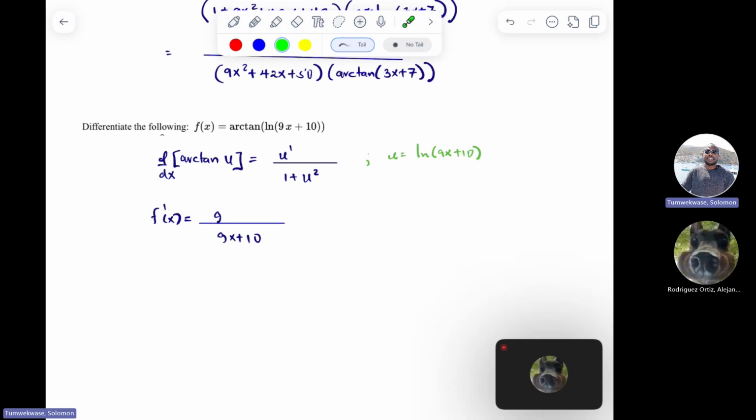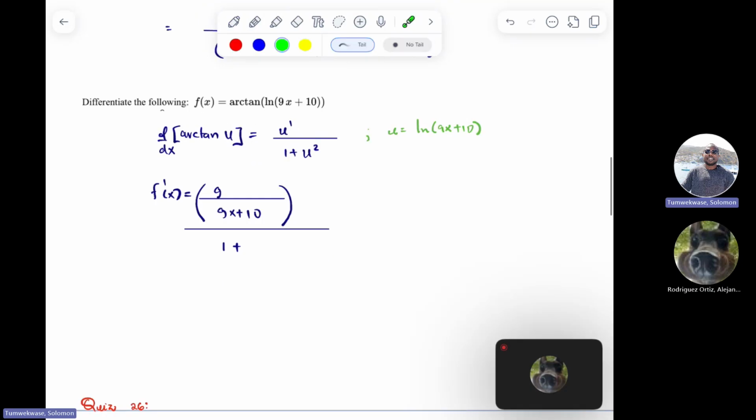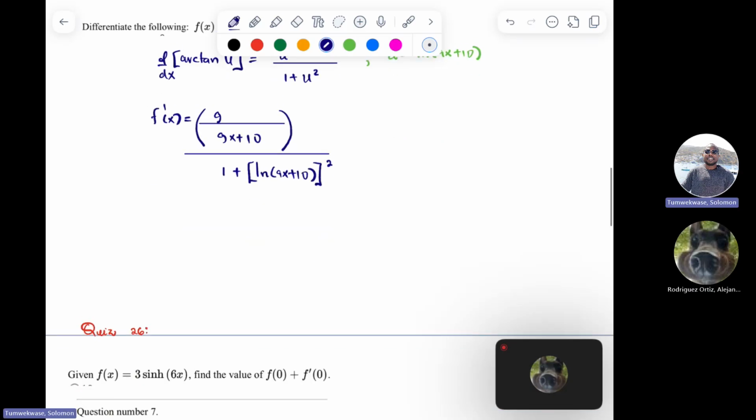That is how we take the derivative of the natural log. Then divide by the whole of that answer. We divide it by 1 plus u squared, but my u is this. So u squared will be natural log of 9x plus 10, and the whole of this is a square.